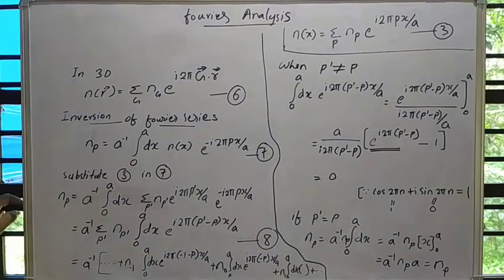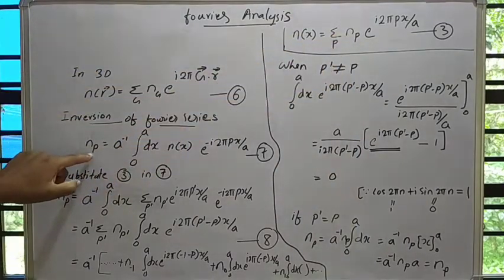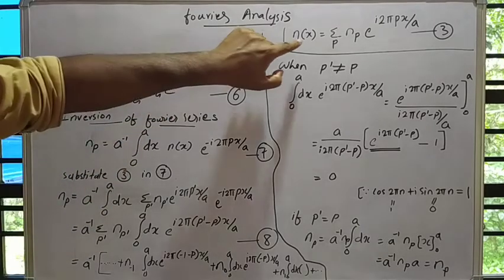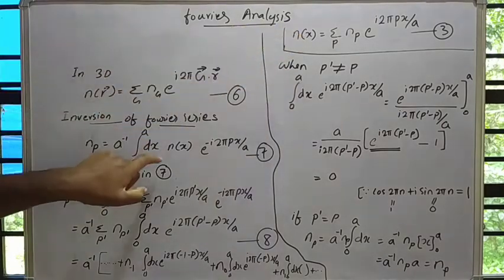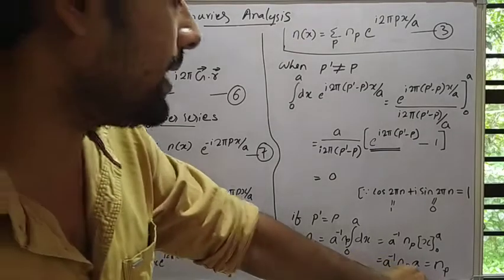Actually, what we have proved here is this: we defined n_p in this way, and we substituted the value of n(x) here. We got that n_p is equal to n_p.